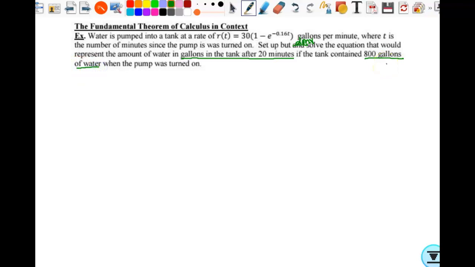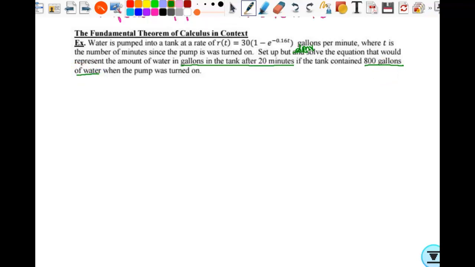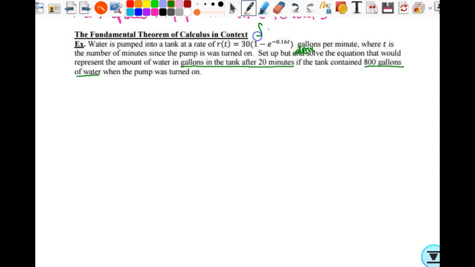So part of what we're going to do is integrate R of t dt. Remember that R of t is what we would get after we take the derivative. So if I have R prime, R double prime, what did I take the derivative of to get R?